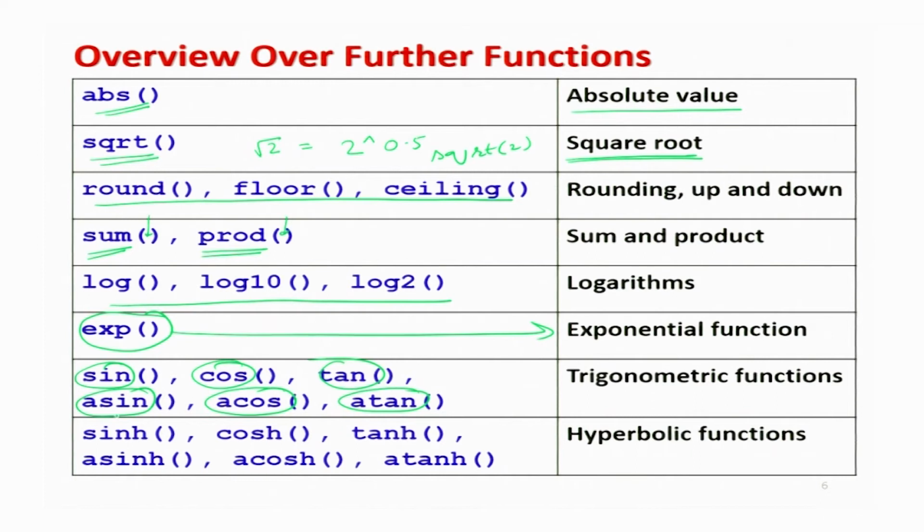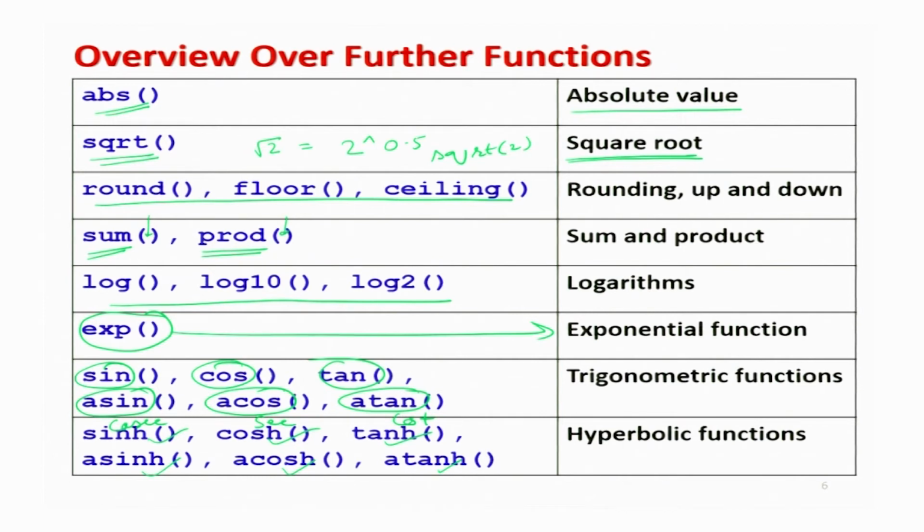So, it is something like cosec, sec, cot. And similarly, we have hyperbolic functions also: sinh, cosh, tanh, asinh, acosh, atanh, etc. So, using these functions is straightforward, the way you have used the functions like minimum, maximum and mean. Similarly, you can use all of these functions exactly in the same way.